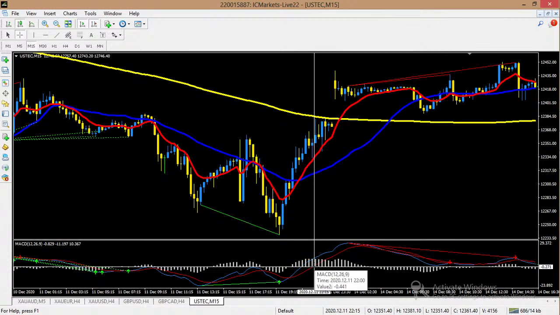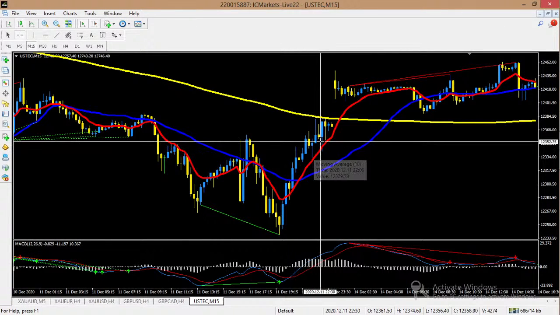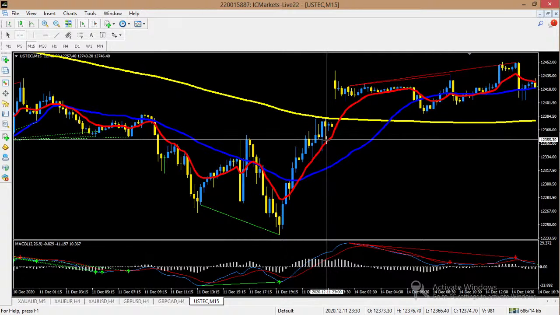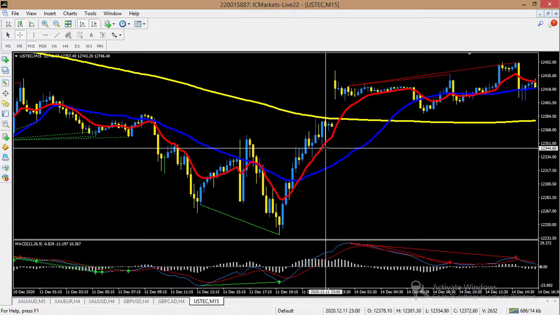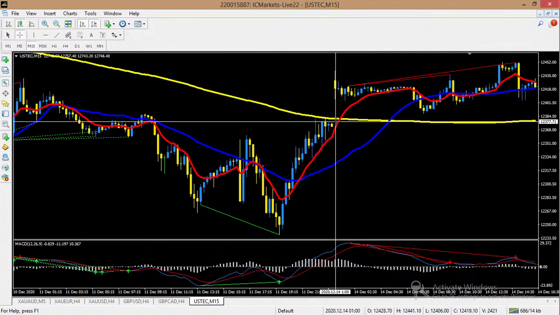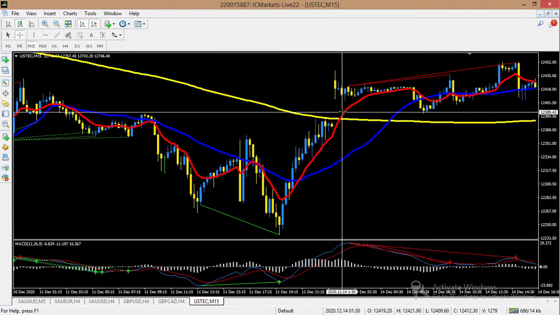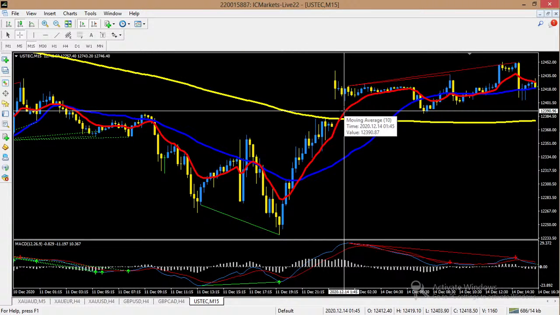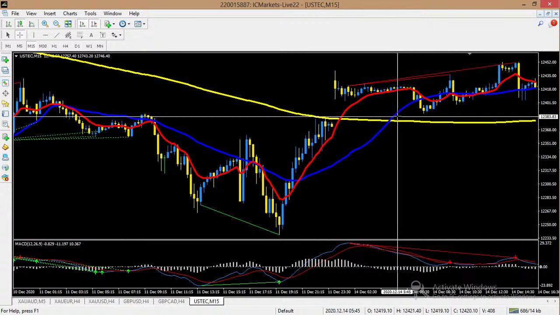So once it moves above, if I were you, I will still wait to know what the 10 moving average and 34 moving average are going to do, because I used to advise that people should stop trading against the trend.